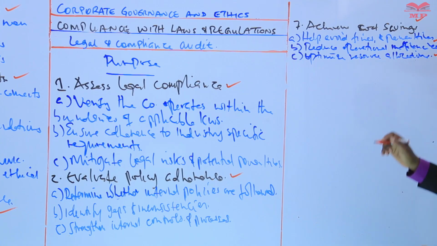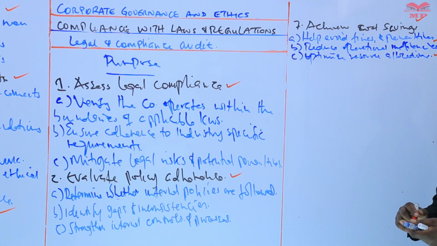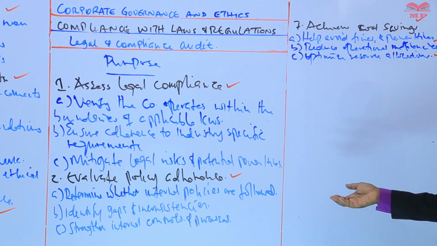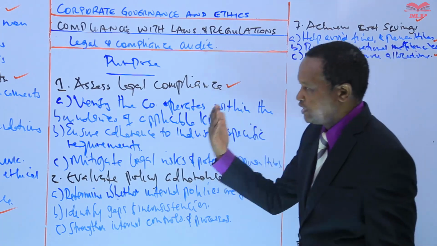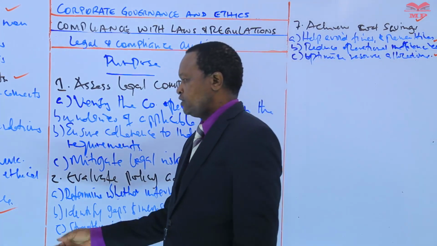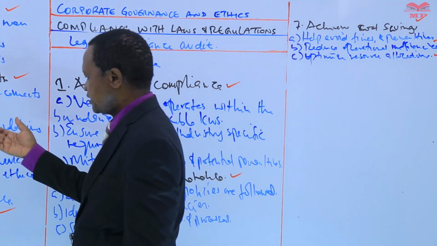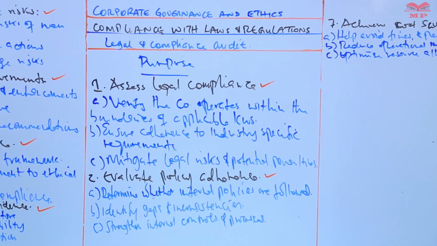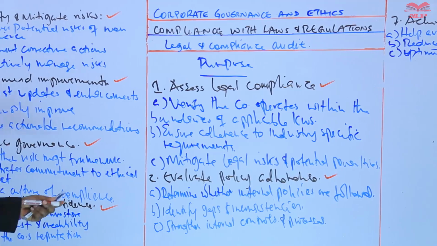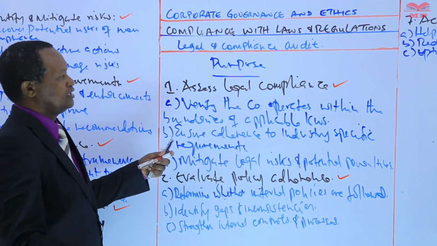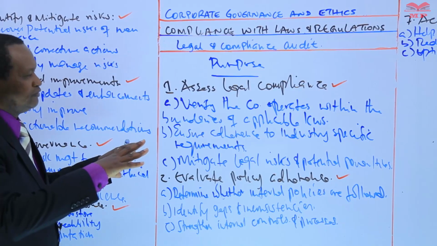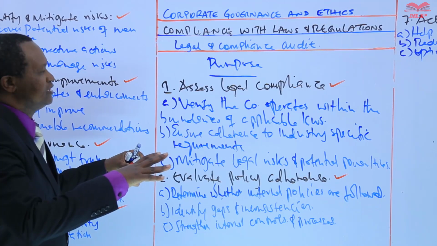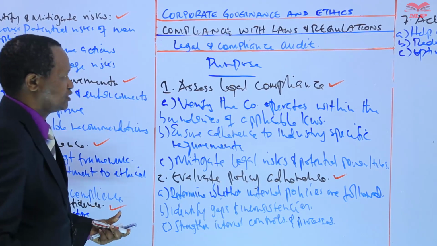It can help promote ethical behavior, it can mitigate risk, it can foster a culture of compliance, it can help to build trust, it can help in providing actionable recommendations, it can help to verify that the company operates within the boundaries of applicable laws.